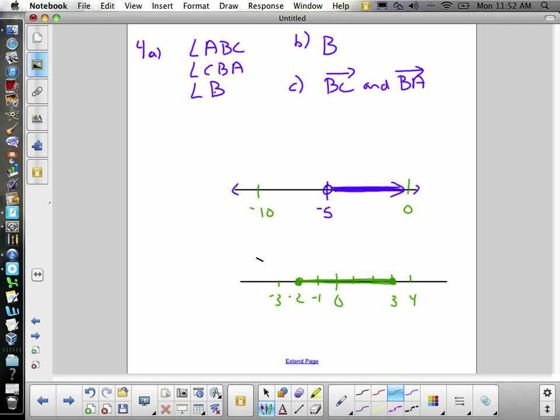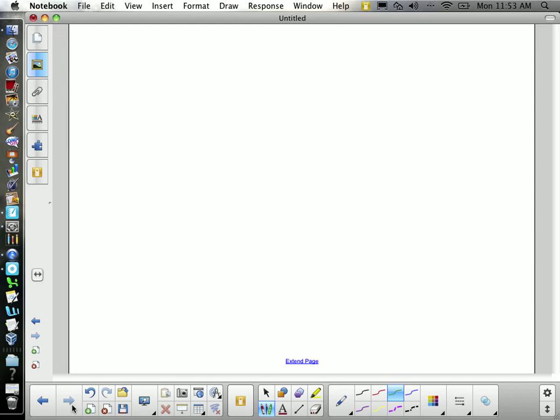How about number 8? Find the lengths of each side in a regular polygon. What does it mean that it's regular again? Yeah, so all the sides are the same length. So how am I going to use my algebra here?